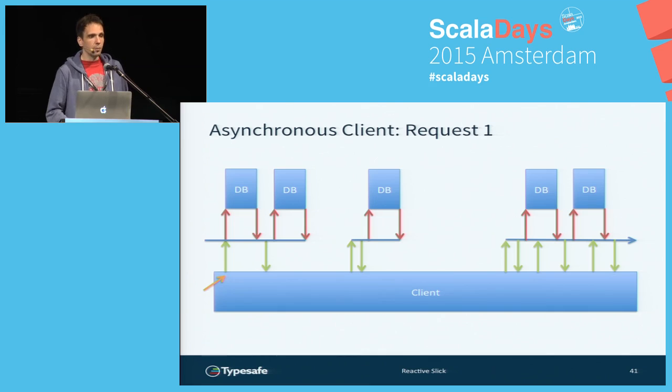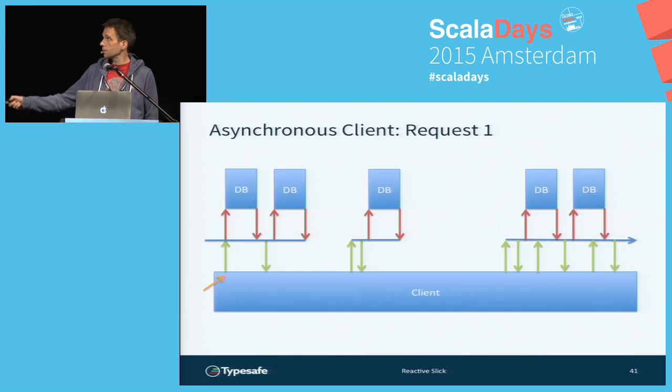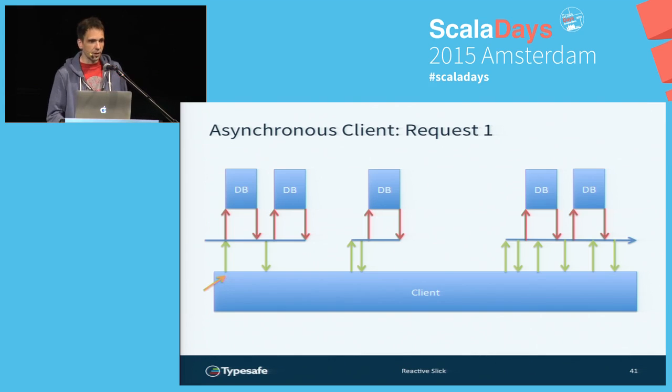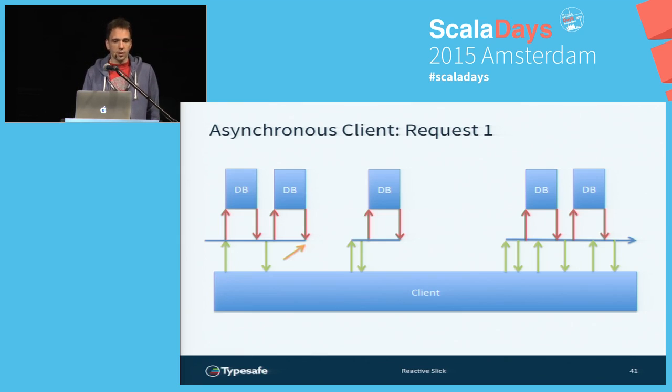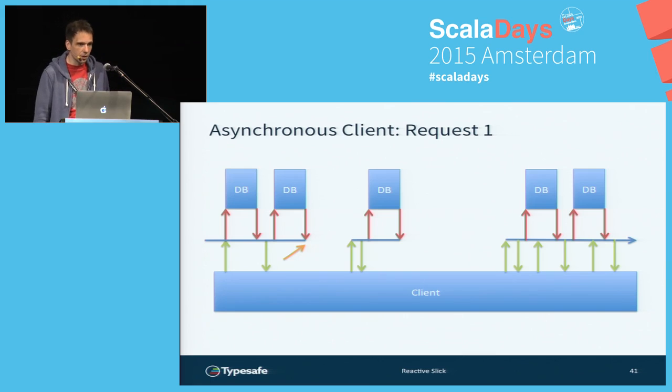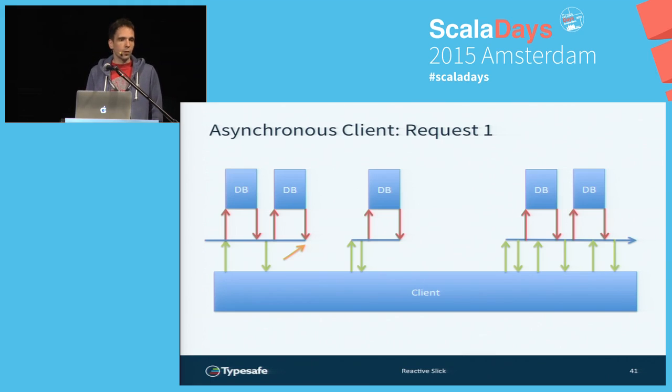So we go to the database, we fetch the data, and we send it to the client. And then we immediately go back to the database again. Even though the client has not indicated that it wants more data, we always fetch the next element ahead. And then at this point, we have the next element, but the client is not ready yet to receive it. So there's nothing more for us to do, and we don't want to block a thread.